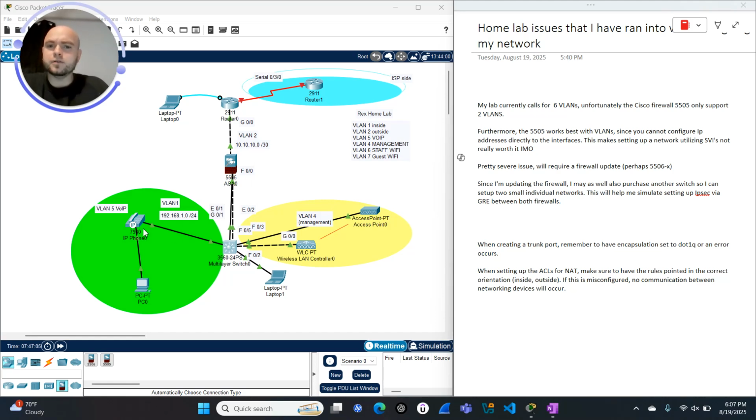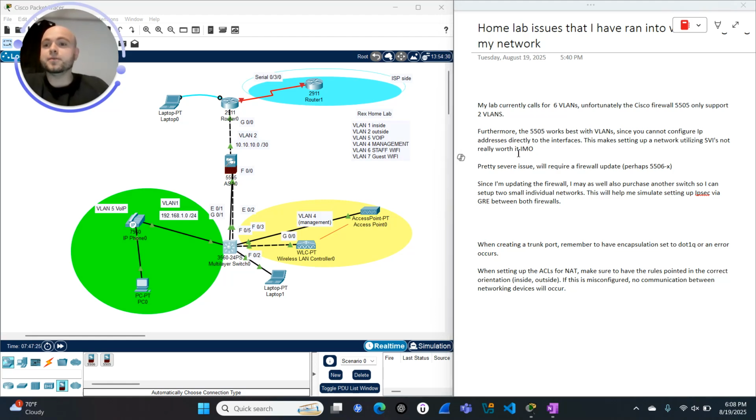I needed four more. I tried to configure the third one, and I got an error. The 5505 only supports two VLANs unless you get a subscription, I guess, through Cisco's firewall subscription.